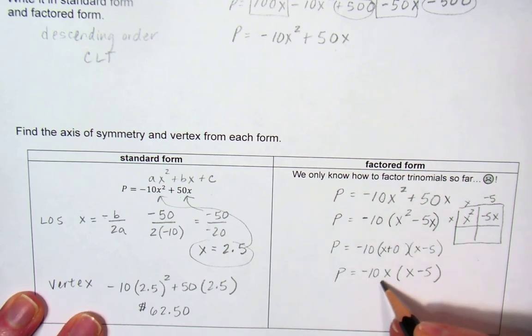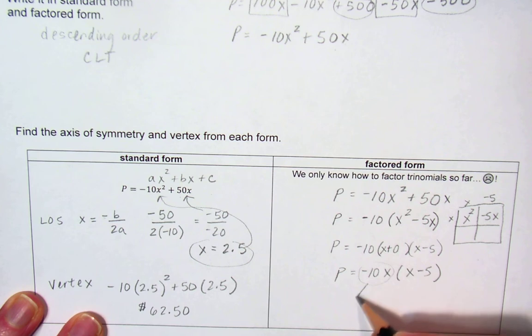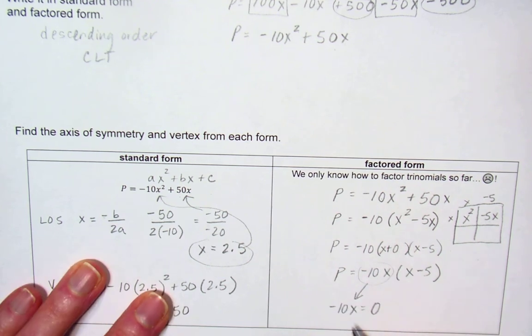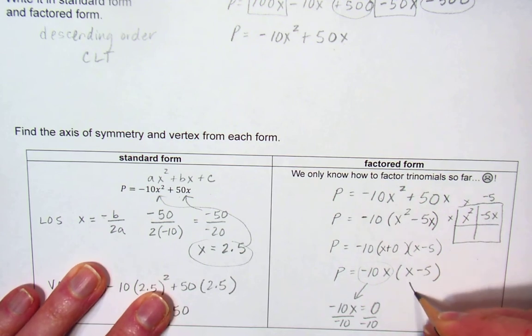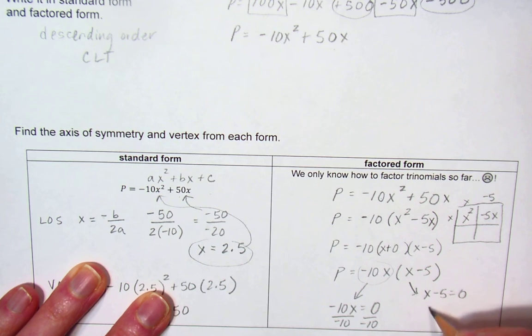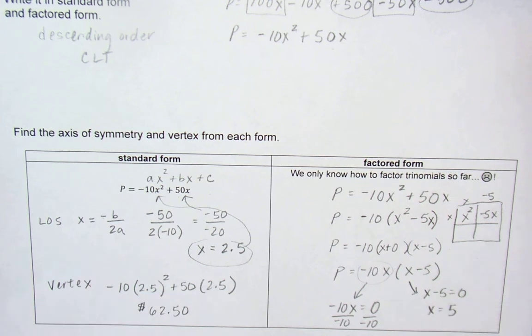If I take this factor and set it equal to 0, if I divide both sides by negative 10, that is x equals 0. And if I take this factor and set it equal to 0, then that is x equal to 5.